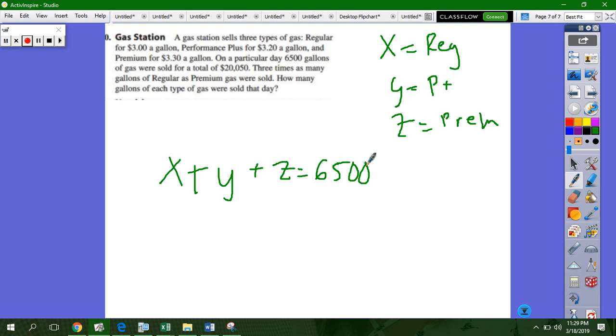They also said that they sold for $20,050. So as that's saying, I know it costs $3 for every X. I also know it's $3.20 for every Y. I also know it's $3.30 for every Z for that total of $20,050.